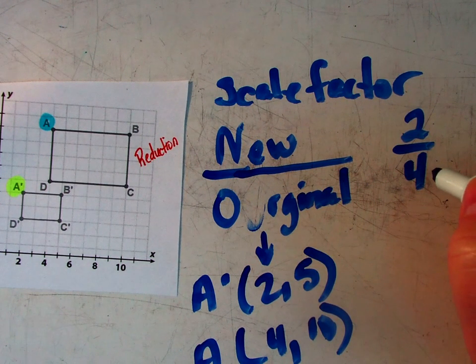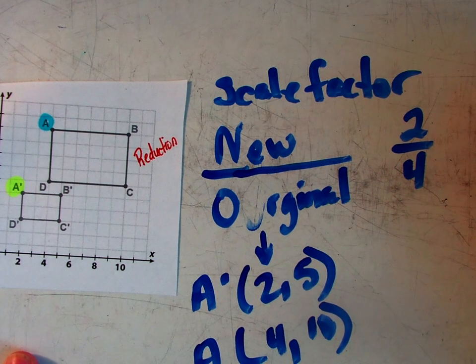Now, the fact that this is a reduction, I know that K will need to be less than 1. So that means it will be either a decimal or a fraction.